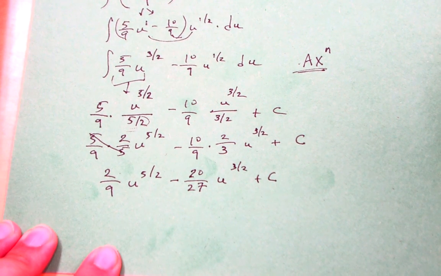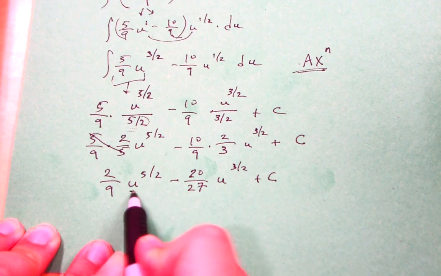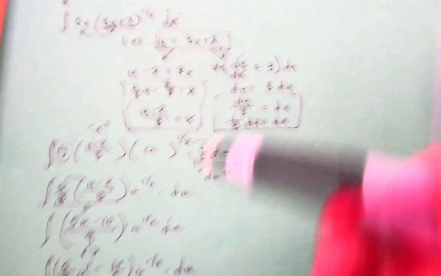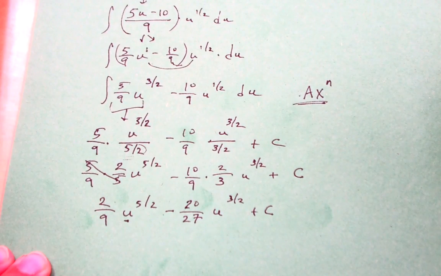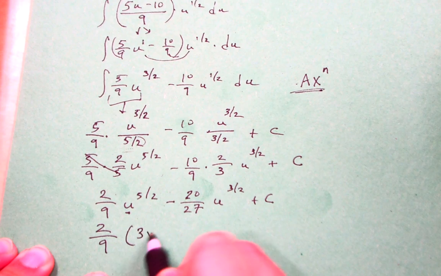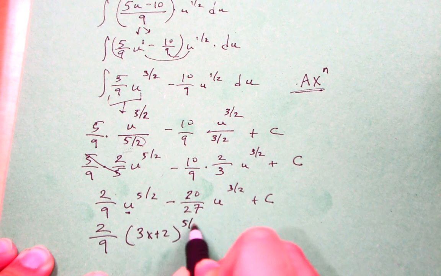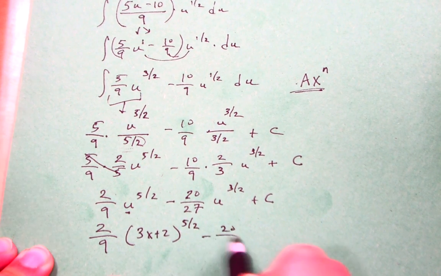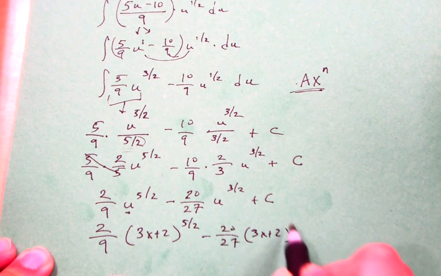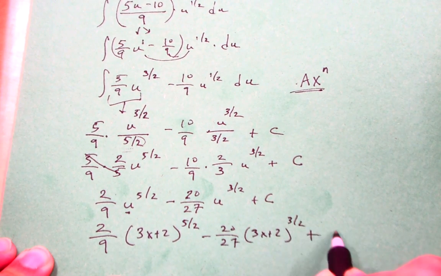However, these are in terms of u. Remember, u is simply an expression of 3x plus 2. So I was given an x problem. Let's return it back to an x problem. That becomes 2/9 (3x plus 2) to the 5/2 minus 20 over 27 (3x plus 2) to the 3/2 plus a constant.